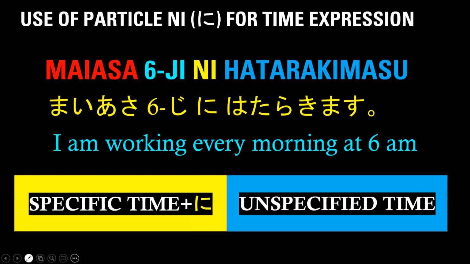Okay. Again, if there's a number or numeral in a time expression, for example, rokuji, another example, sanjugo fun, which is 30, another example, tsuitachi, one or the first day, another example, ishukan, so that's one week, diba? So this contains all numbers, no, or numeral. So these are specific time.